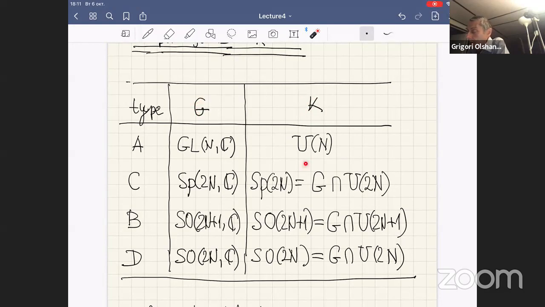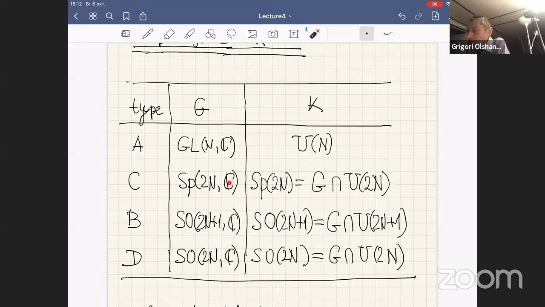But concretely, absolutely concretely, in type A, we take the unitary group. In type C, we get this group, which is defined as the intersection of our complex group, the symplectic group, with the unitary group in its standard realization.